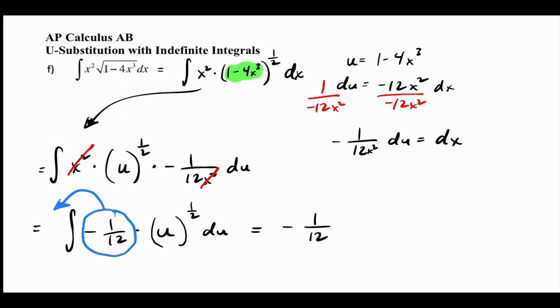So negative 1/12 times u, if I add 1, it's going to be 3/2 power, plus c, divided by 3/2. But instead of dividing by 3/2, what I'm going to do is multiply by 2/3.